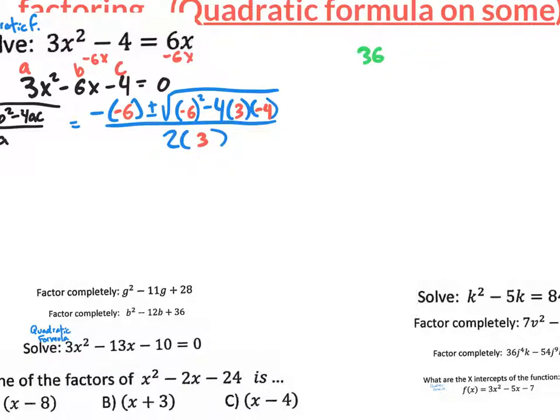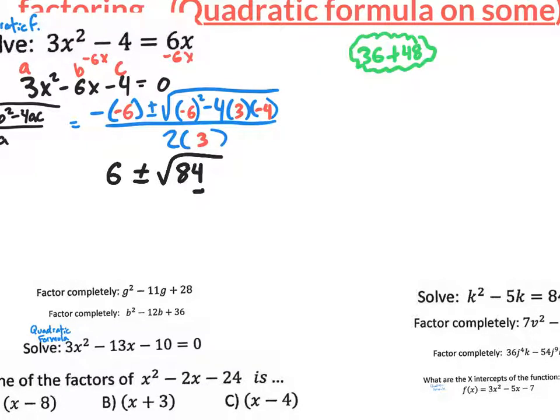So we have 36 plus 48. Let's write that in. Now remember, this is just our discriminant value, and when we add 36 plus 48, we get 84, right? 84.